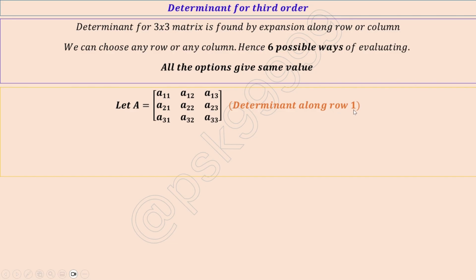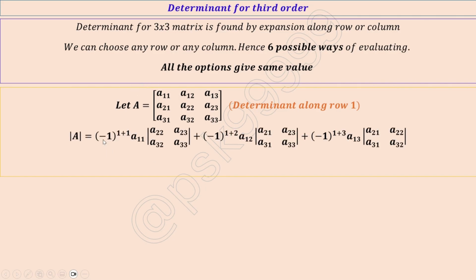Let's take row 1, which is A11, A12, A13. Based on this we'll evaluate the determinant. It is nothing but minus 1 to the power of 1 plus 1, since I'm taking row 1, element A11, and the determinant of the sub matrix where you leave out that row and column. I'm in row 1 column 1, so I leave out row 1 and column 1.